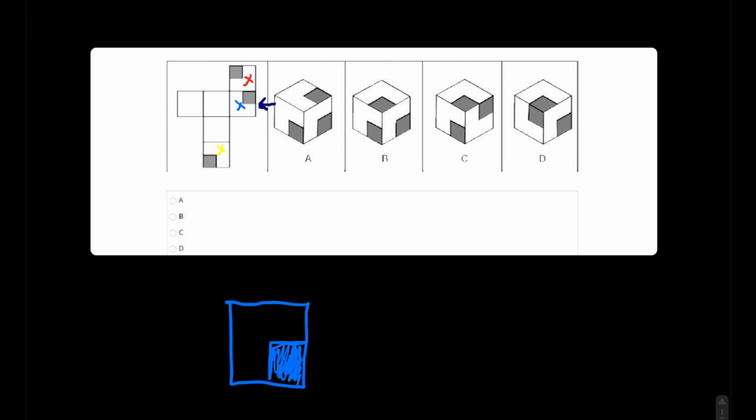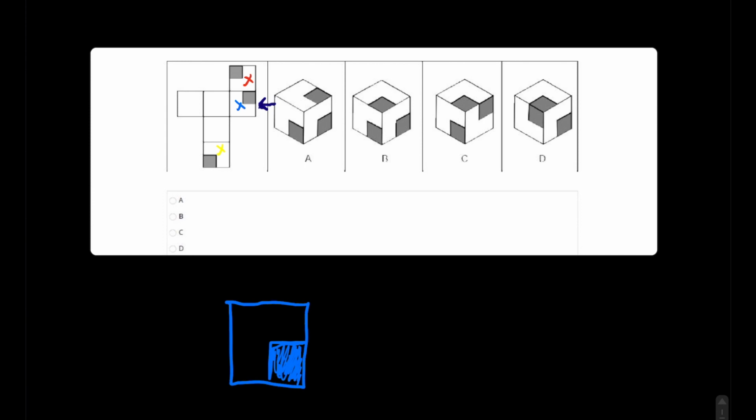If we were looking at our blue square here head on, and if you've watched my previous videos, this is where all these perspectives come back, we know that the red square is going to be on our right, okay? And if we were to fold, this is something that you really have to be able to either visualize in your head or, what I like to do, especially for these cube questions, is to use Post-it notes and actually shade in the squares and walk yourself through this problem.